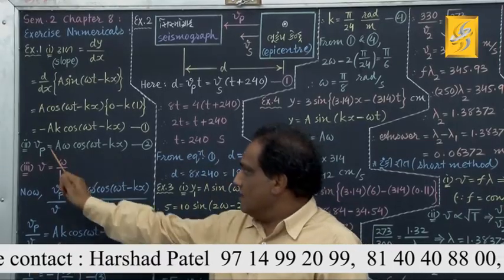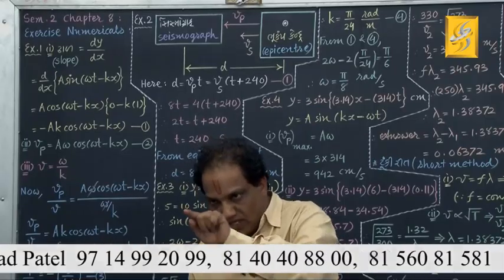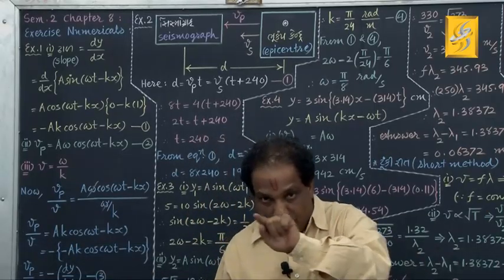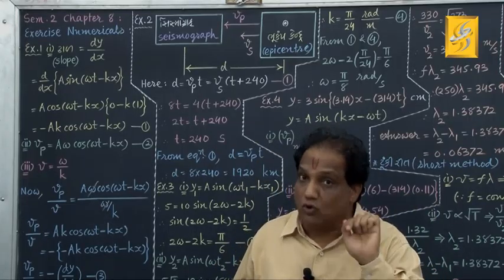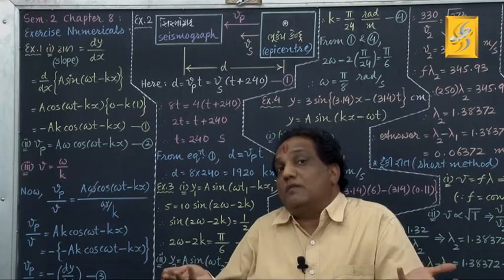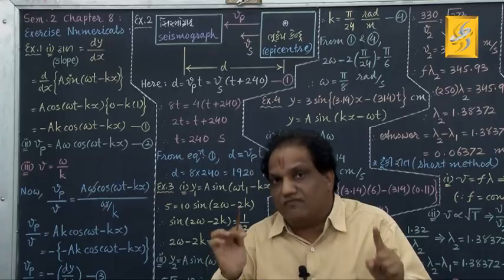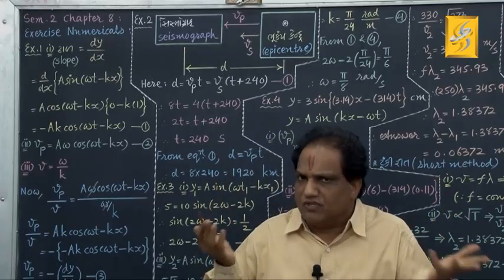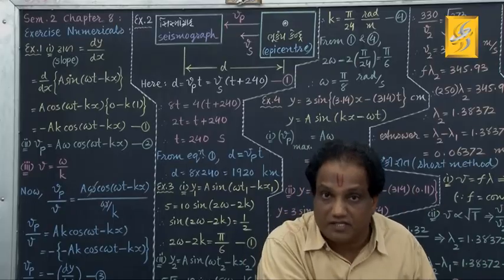Wait. What about velocity of particle? You must have remembered, during the propagation of harmonic wave, what does each particle do? It performs simple harmonic motion, and so it can be taken as a simple harmonic oscillator, for which we had obtained the formula for its velocity, which was Vp equals a omega cos(omega t minus kx).